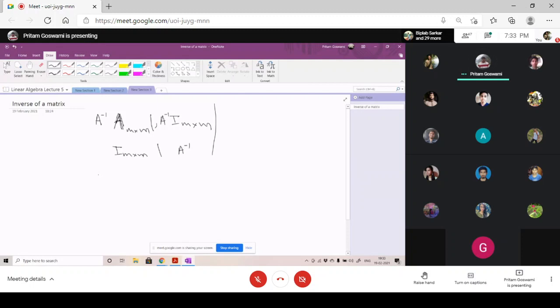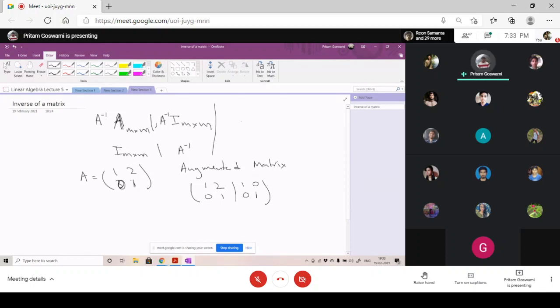Suppose you are given a matrix A, say 1 2 0 1, and you can get another matrix, an augmented matrix, by writing the two side by side.